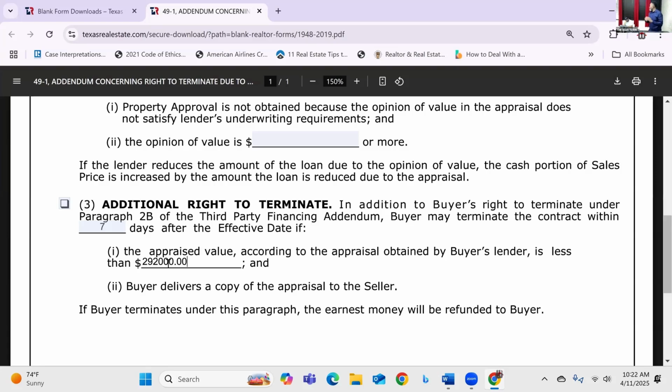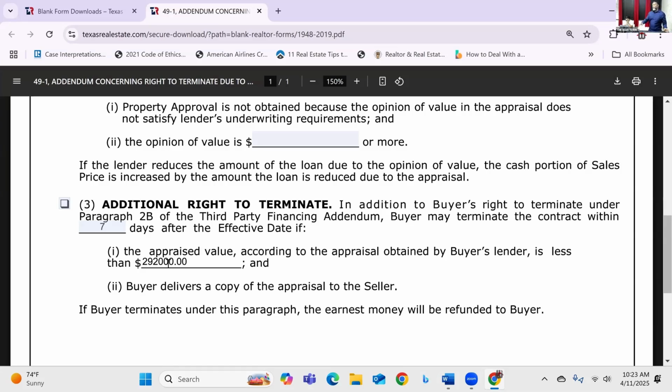If it appraises at that or more, we have the money to do this, and we put that number in because we make sure we're good. But if it doesn't, we want out. So that's the three different ones. Number one is a full waiver, no matter what it appraises at. Number two is a partial. And number three is getting right down to the weeds and tedious numbers: it has to appraise here or more, and if it doesn't, we're out.